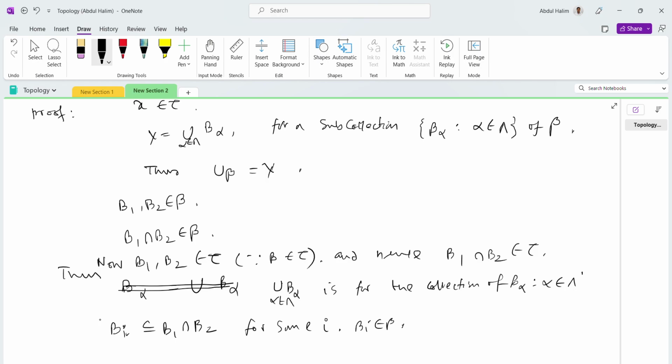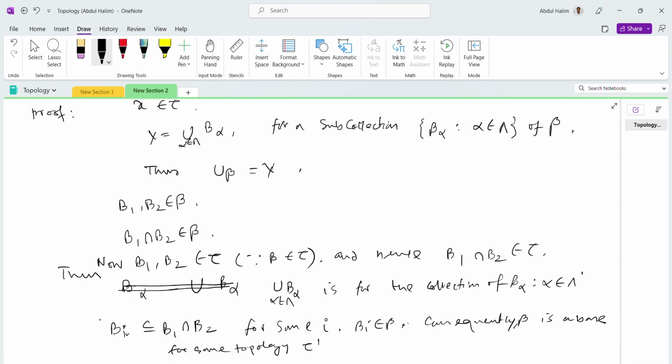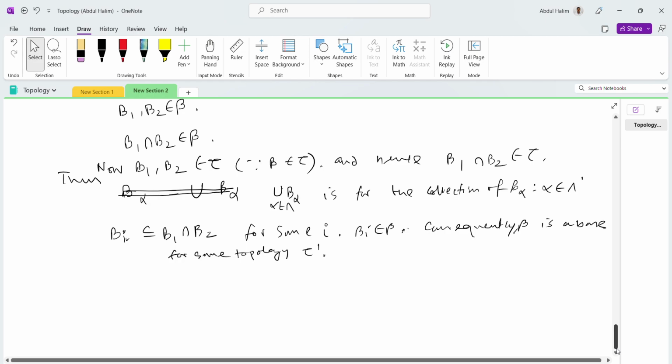Collections of B alpha, alpha belongs to the index set. If you consider another index set, this is Bi, a subset of B1 intersection B2 for some i, and such Bi belongs to beta.